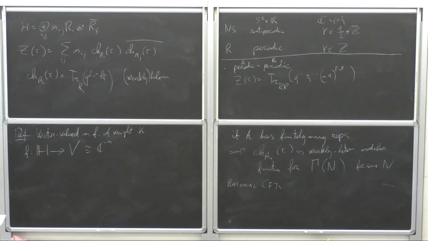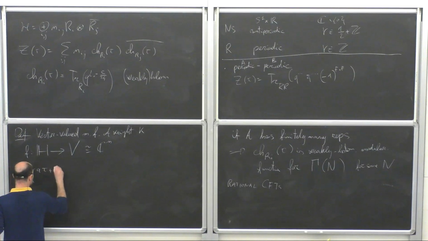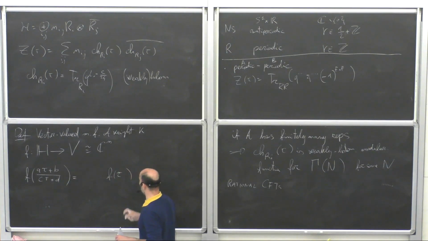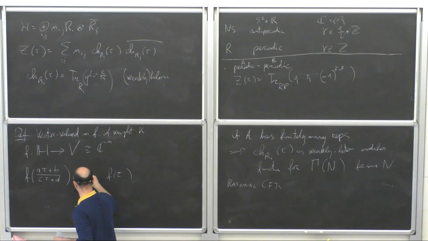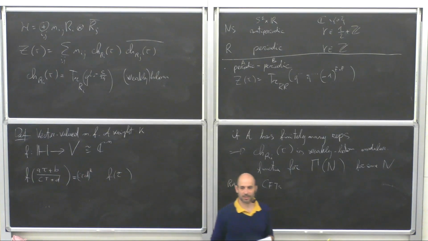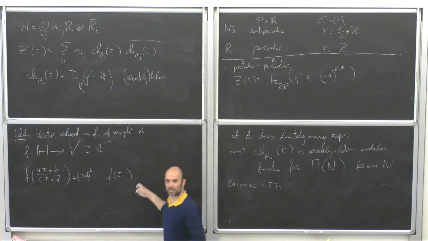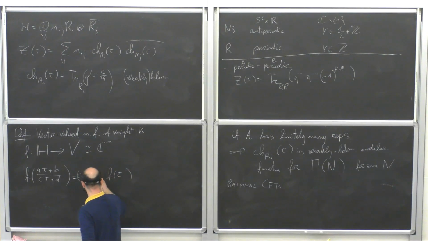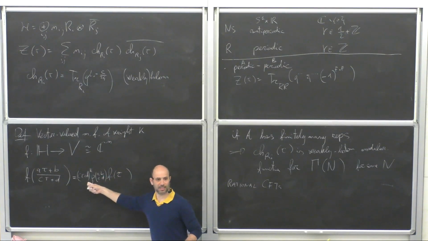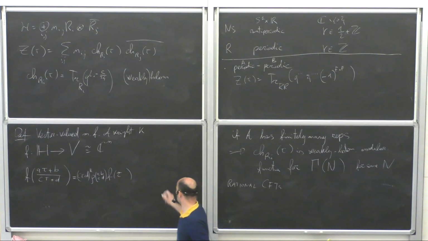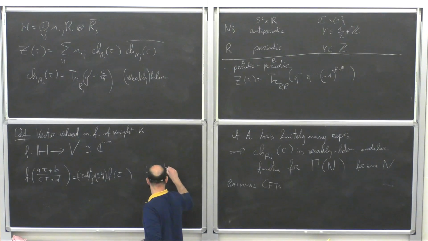The transformation is that under a modular transformation, f of tau gives a factor (c tau + d)^k that you usually want to bring out if it has some modular weight. And then this is a vector in a vector space, and what you do is act on this vector with some n by n matrix that depends on your SL(2,Z) element.